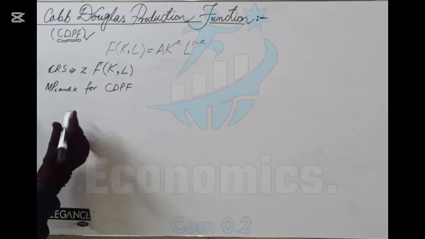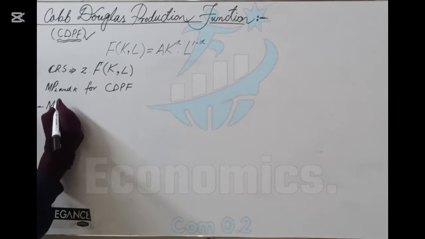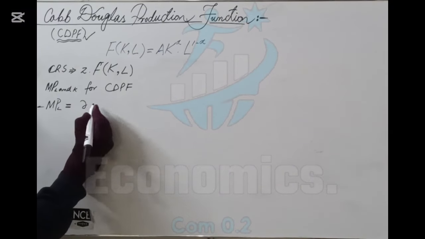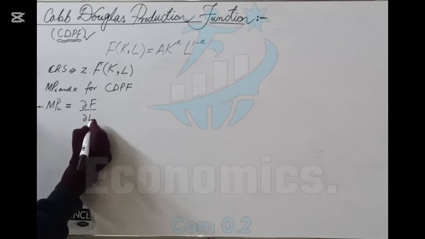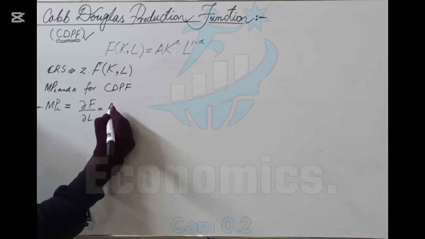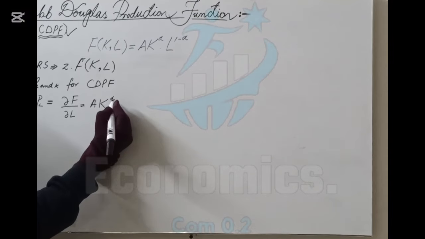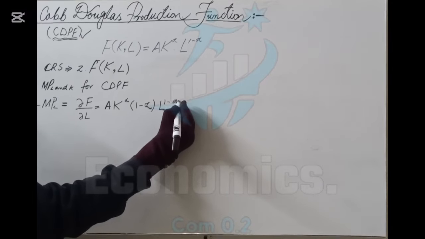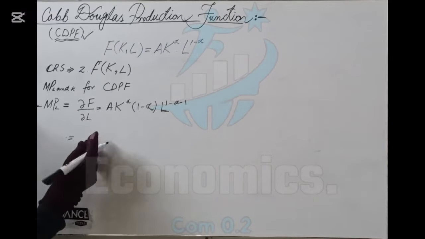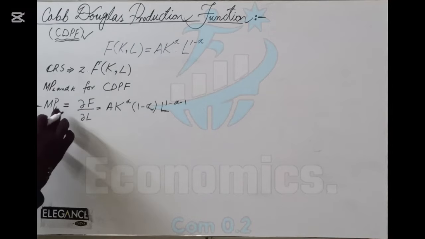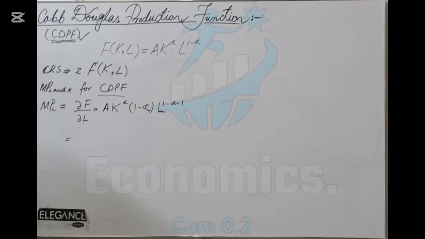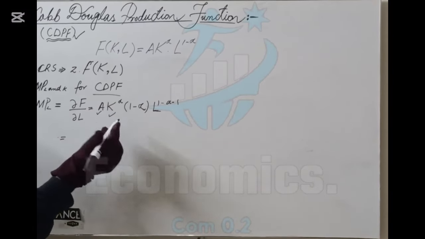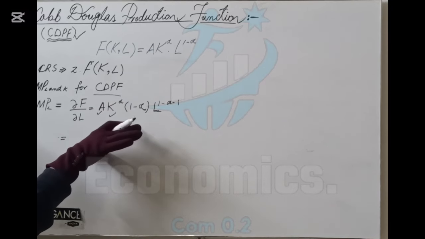First, the marginal productivity of labor is, in general, del F over del L, of A K to the exponent alpha times L to the 1 minus alpha. A and K don't have an L, so we can leave them alone and take the derivative of the L part.